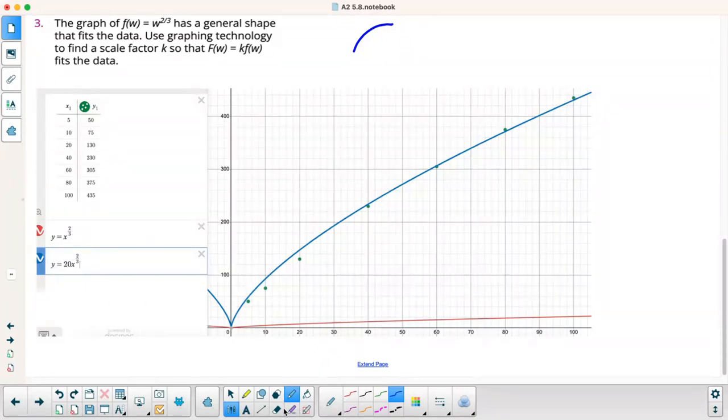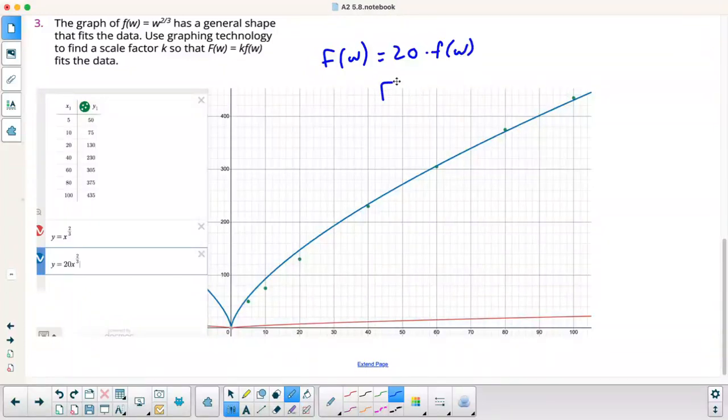So my answer here is going to be, I'm going to say capital F of w times lowercase f of w equals 20.